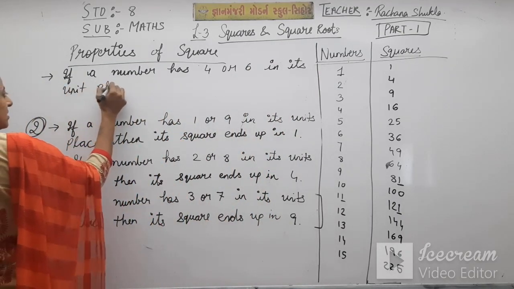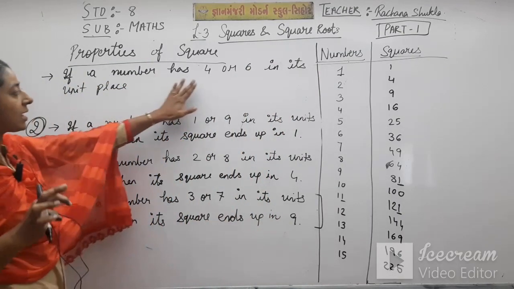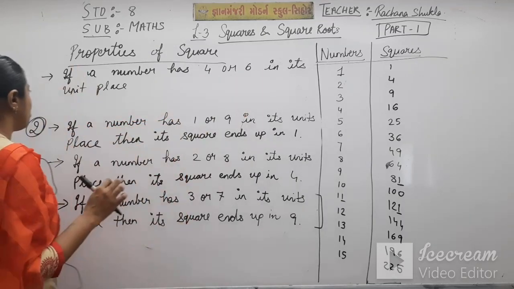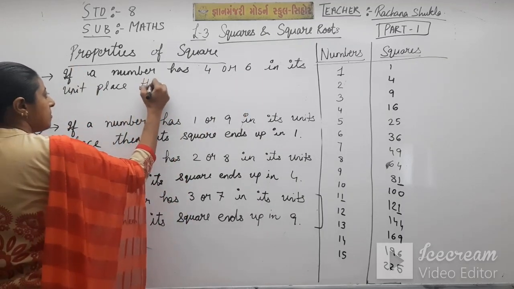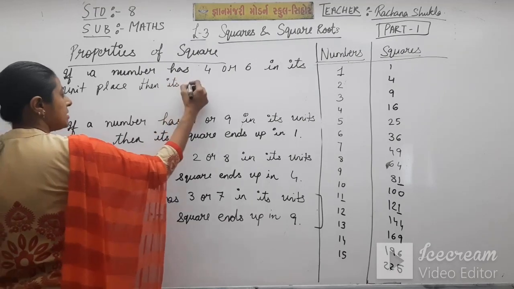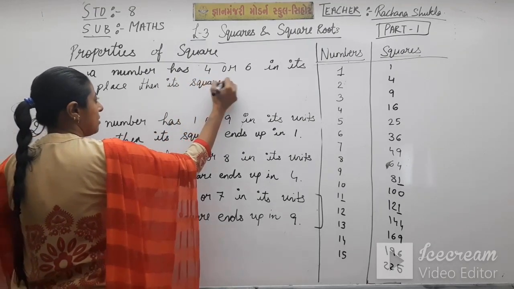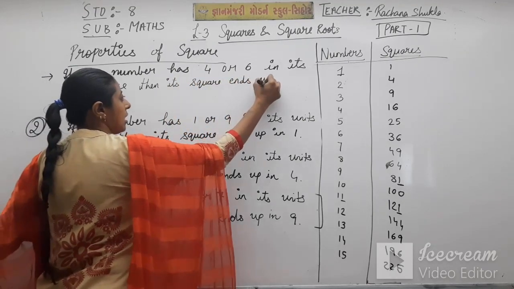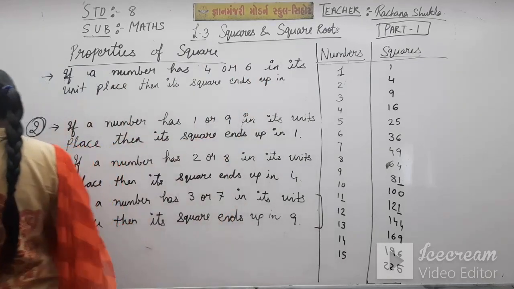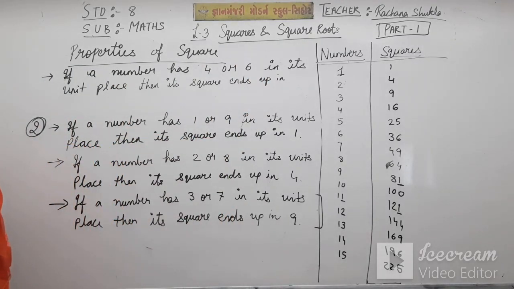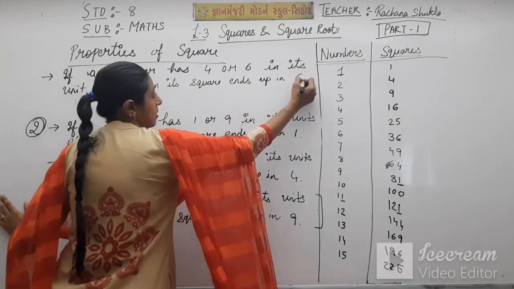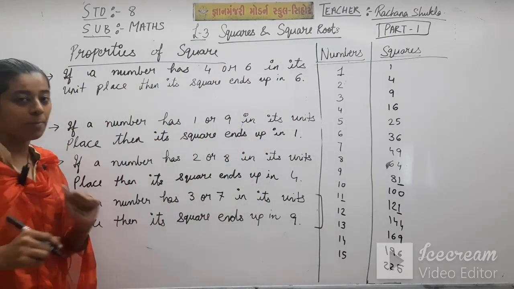Please remember these properties. If a number has 4 or 6 in its unit place, then its square ends up in 6. What will it end in? 6. So let's check this property.